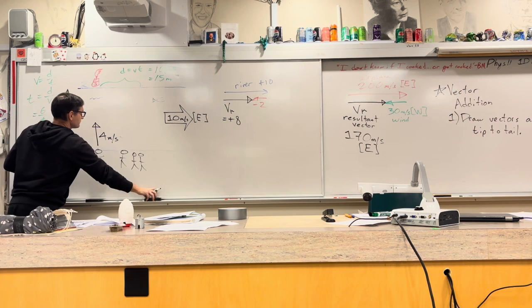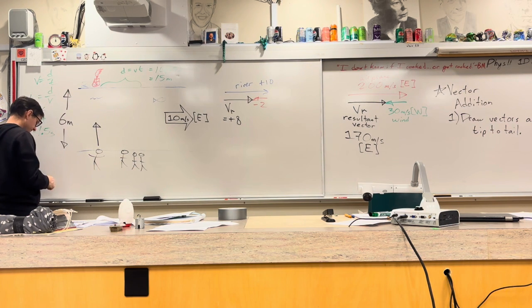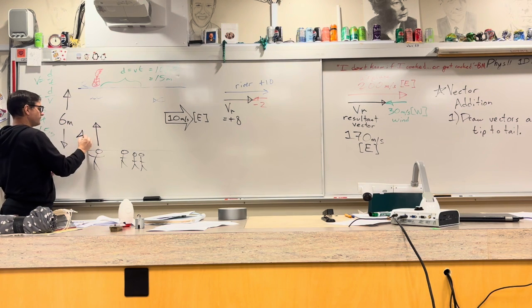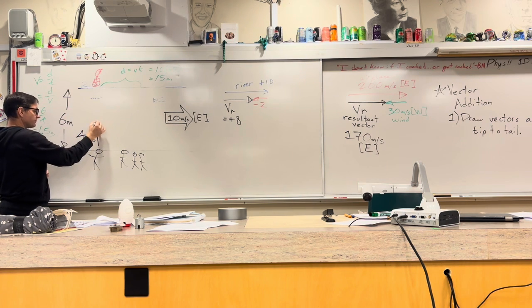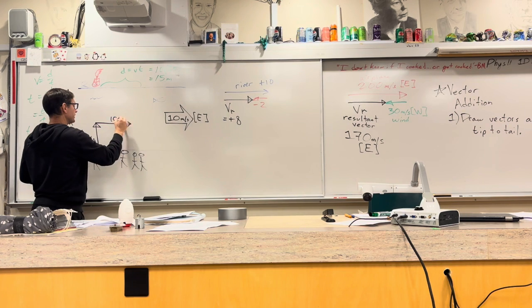Okay. Now if I draw those vectors, I have 4 meters per second upward, and my river is 10 meters per second.